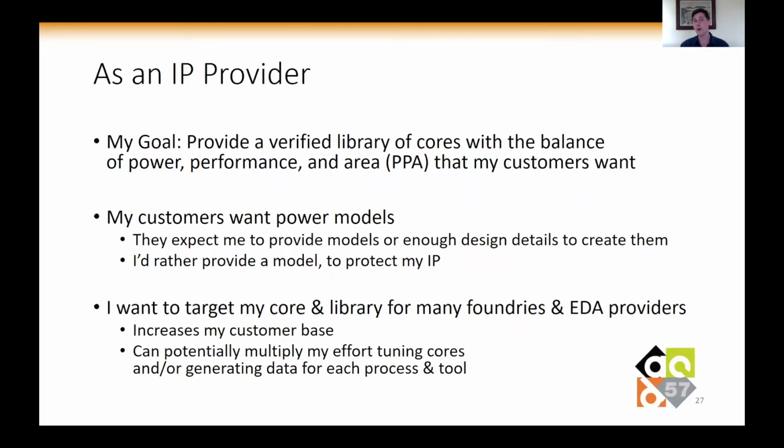Now, I also want to target my cores for as many EDA tools and foundries as possible, because doing so increases my customer base. But it can also potentially multiply my effort of having to retune that core for many different tools and many different processes, and generating enough data for every single point that my customers want.